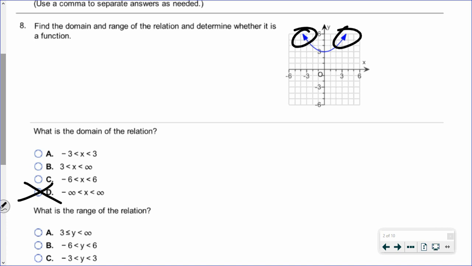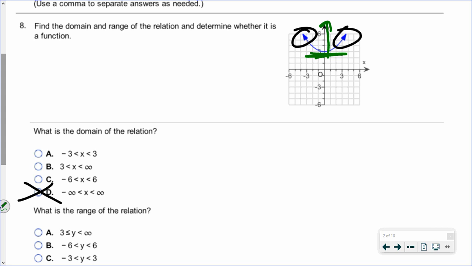Range is on your y values, and how do we read y values? From your smallest y value at the bottom to your largest y value at the top. So with that being said, when do I first run into this graph at what y value? 3. At 3, and when do I stop running into it?